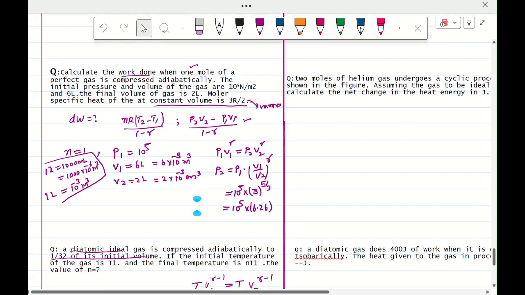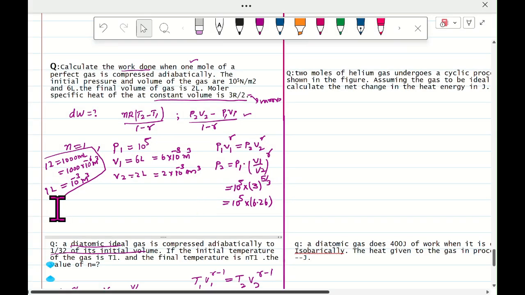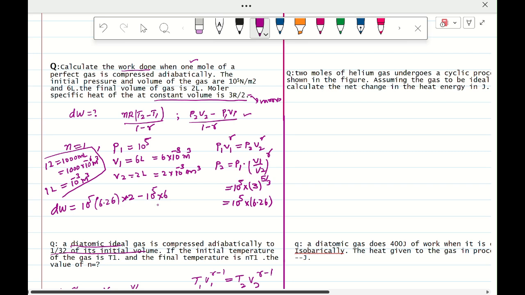P2 I got. Now it asks the work done. Therefore dW is equal to (P2 V2 minus P1 V1) by (gamma minus 1). That is 10 power 5 into 6.26 into 2, minus 10 power 5 into 6, divided by 5 by 3 minus 1, which is 2 by 3, that equals 3 by 2.